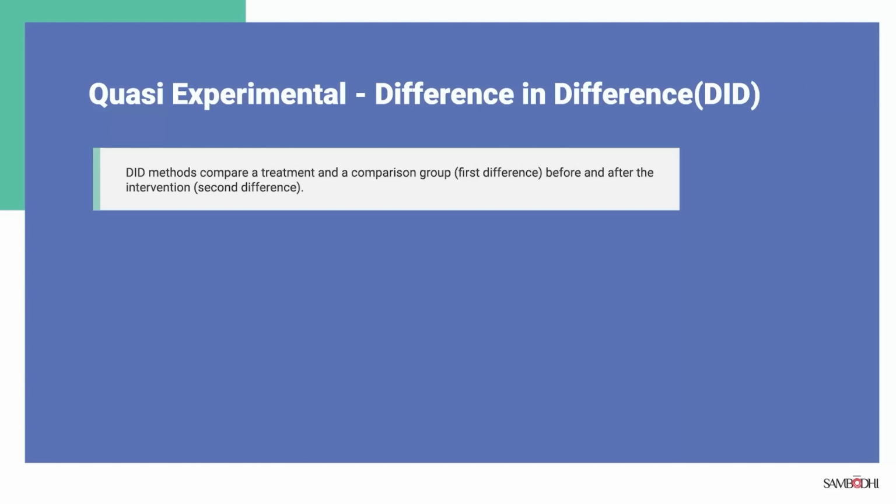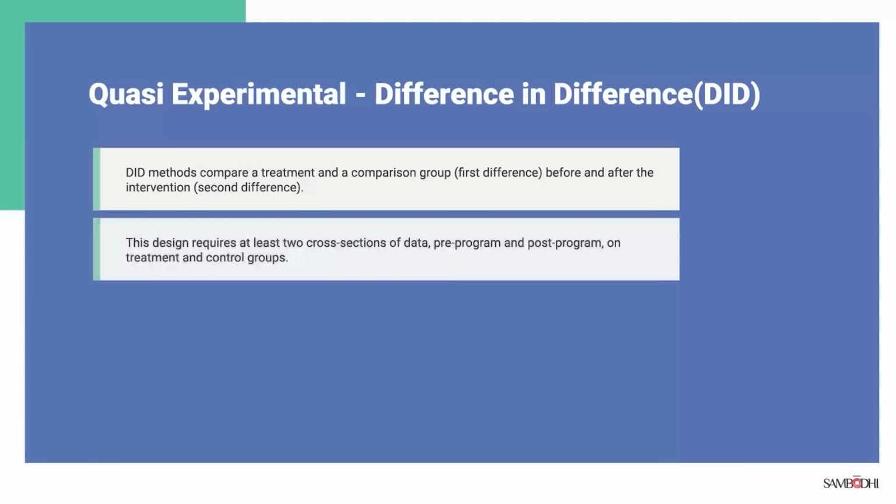This method involves comparing 2 groups, one that receives a treatment and another that does not, before and after an intervention takes place. The difference in difference outcomes between the 2 groups is then analyzed to determine the impact of the intervention. The outcomes of both groups before and after the intervention are also compared to see if there was any change over time.